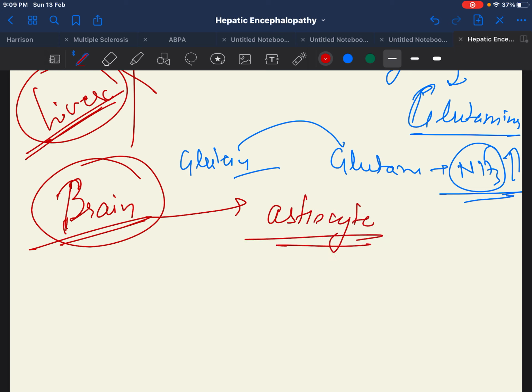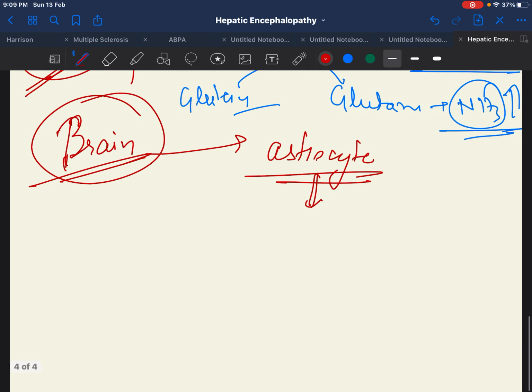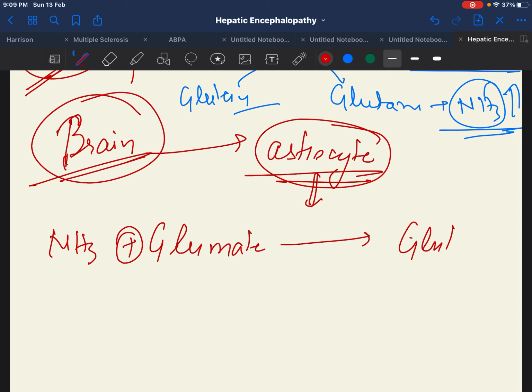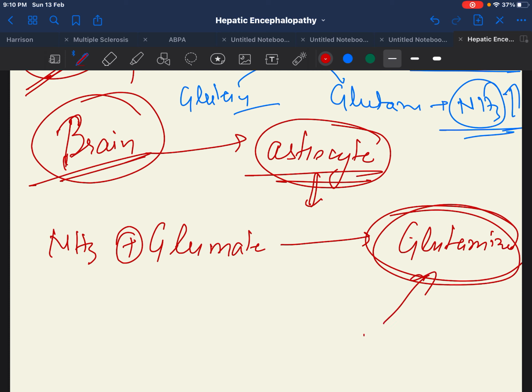In the astrocyte, what will happen? This ammonia will combine with glutamate and will again produce glutamine. This glutamine is a highly osmotic substance and will lead to astrocytosis or astrocyte edema.